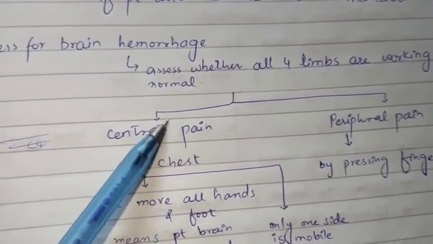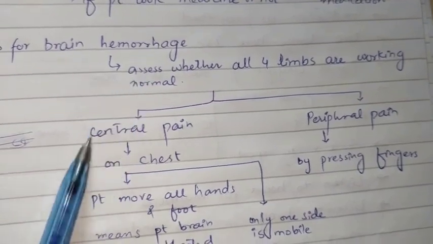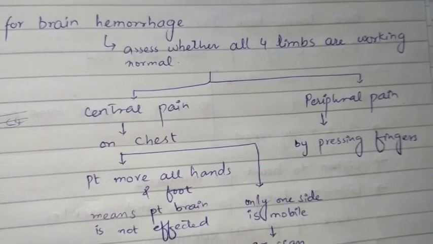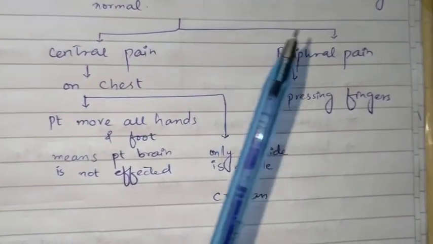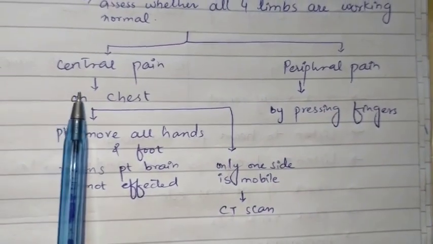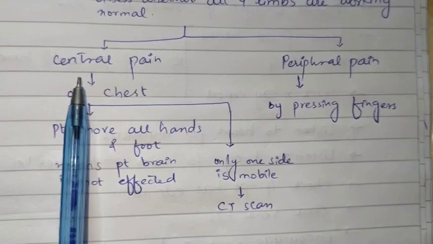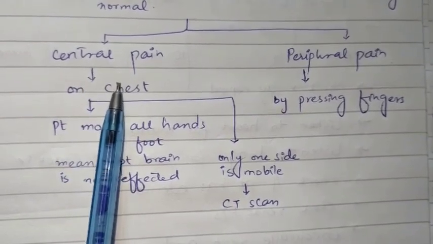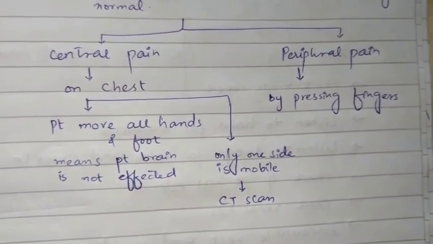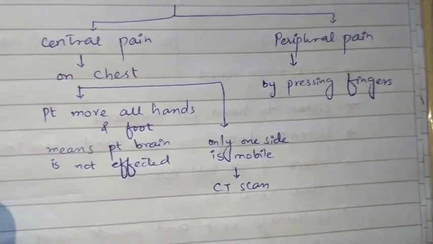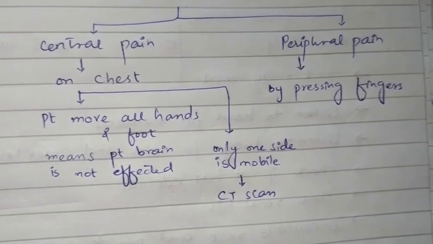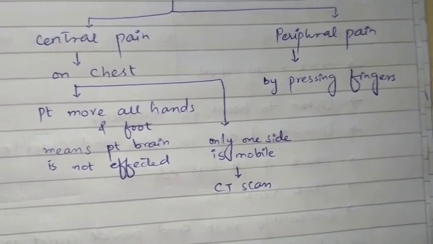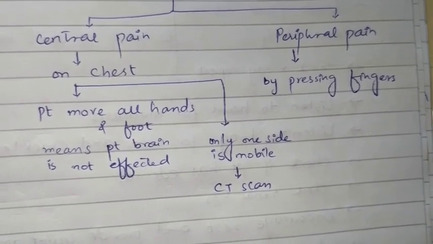So how can we assess the brain hemorrhage? We can assess it by applying pressure on a central area and on peripheral pain. We can apply pressure centrally by pressing the chest, and if the patient moves all the limbs, both hands and legs, it means there is no sign of stroke.